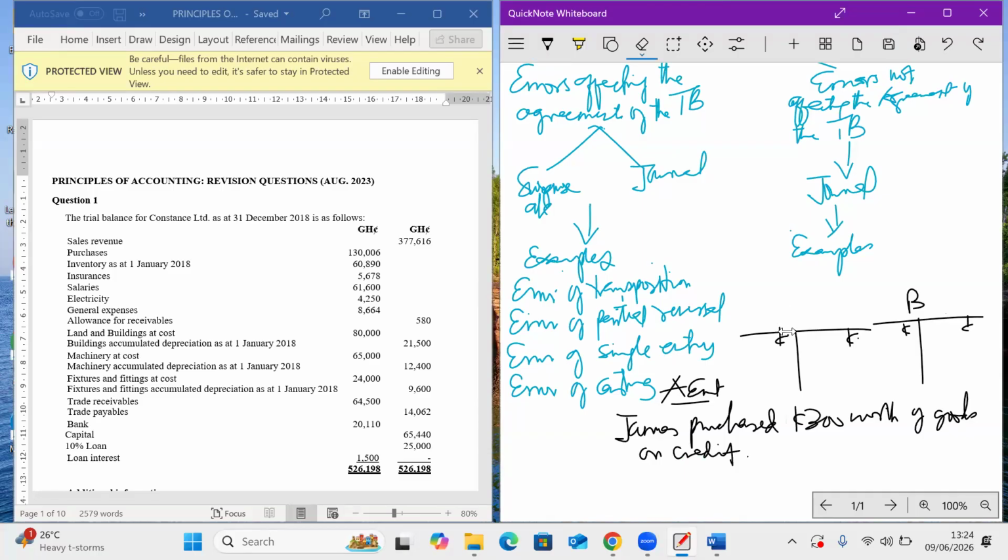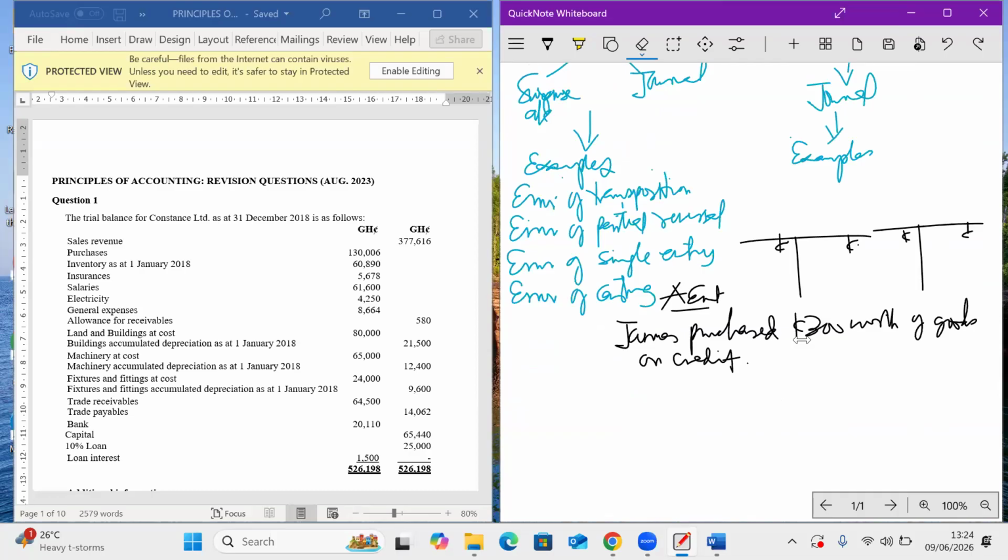If James purchased on credit, the question we ask ourselves is what two accounts are involved. We are going to create ledgers, T accounts, for them. I've opened the two T accounts at the top. The business is A Enterprise. James is a customer. He came to purchase items worth 300 cedis on credit.